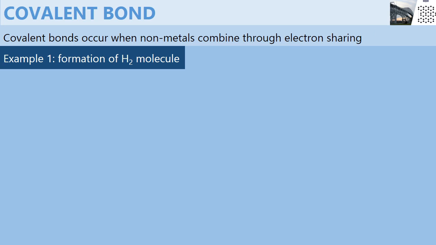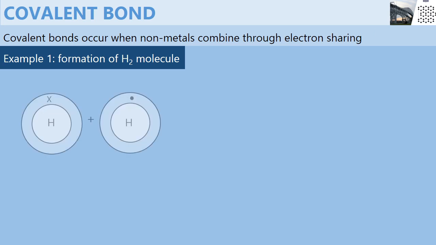For example, the formation of the hydrogen molecule. Hydrogen atoms can be drawn using the following methods. You can use a dot or a cross. Now let us use a dot for one and a cross for another to represent electrons.